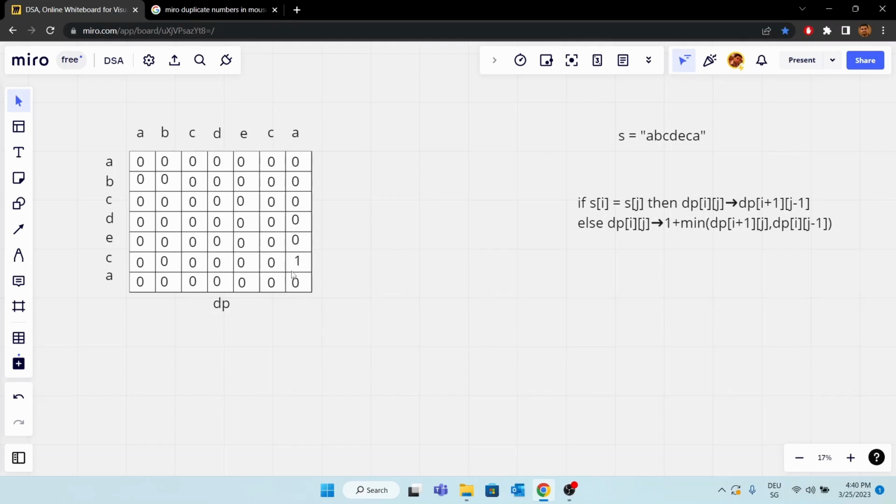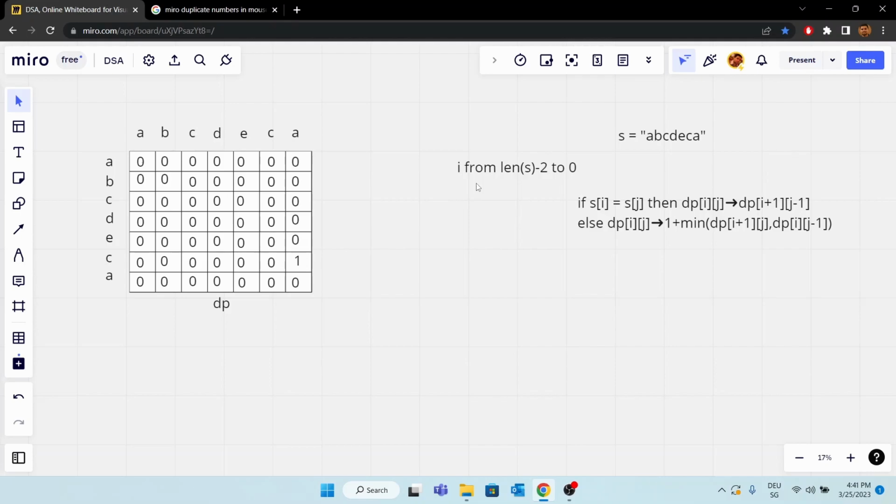Now the value of i will also decrease. Let's see what will be the value of i. Here the value of i will start from length of s minus 2 to 0. The length of s is 7, so we know the index starts from 0. If we start at this row, that means length of 7 minus 2, so the values of i start from 5.